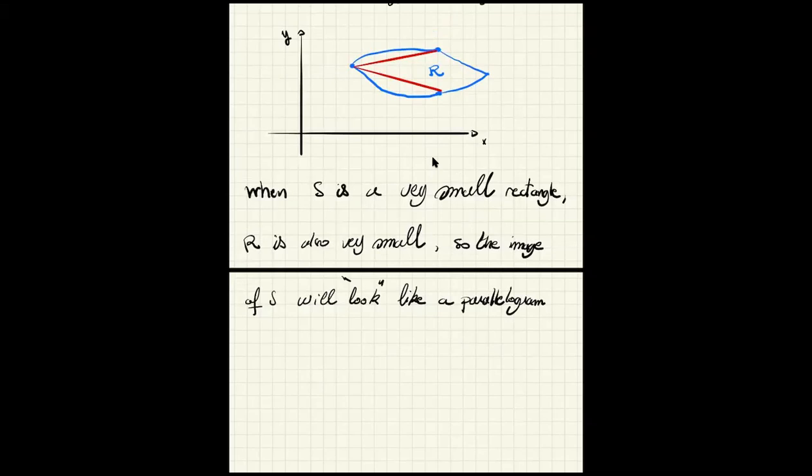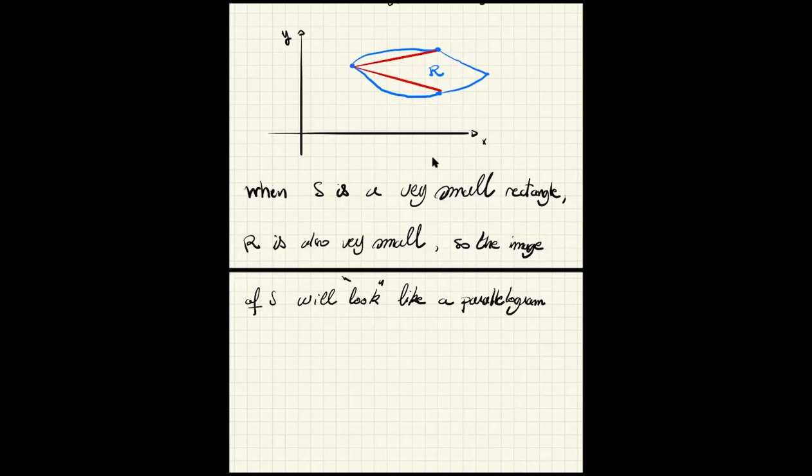When S is very small, you're not moving that far from the point (u0, v0), so you're really close. These are very small lines, and if the function is continuous, these lines will not be very distorted. Each boundary will look like a very small line that is a little bit deformed, but it will still look like a line, okay? So take it for granted. You can understand that it makes sense, right? So R looks like a parallelogram, right?